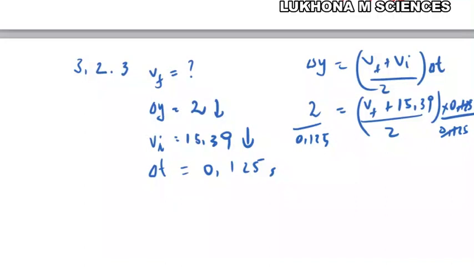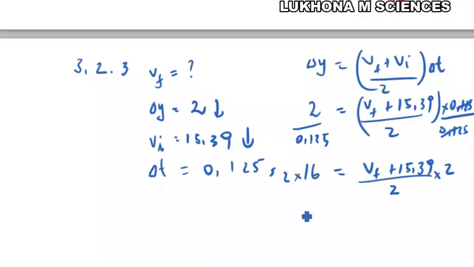Let's press calculator. 2 divided by 0,125 there. Then we get here 16, which is equal to final velocity plus 15,39. Everything is divided by 2. We can get rid of this 2, multiply by 2 both sides.